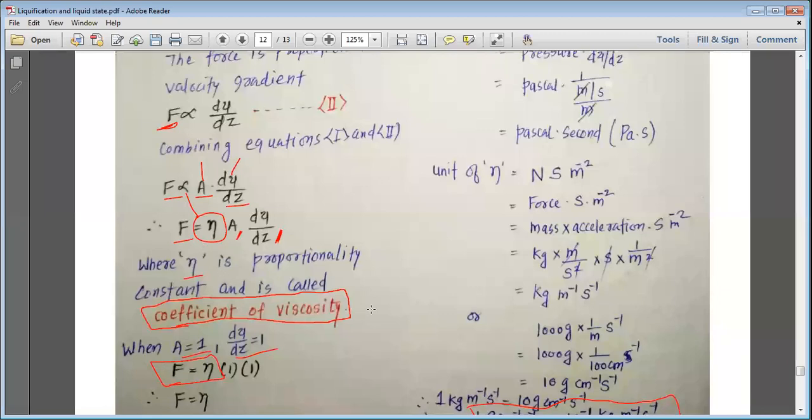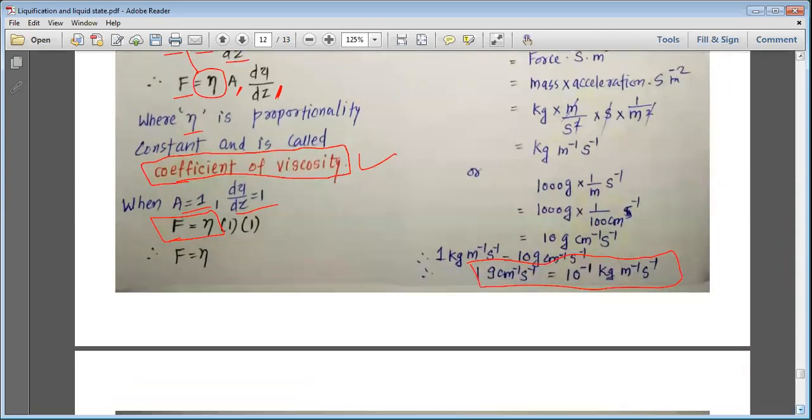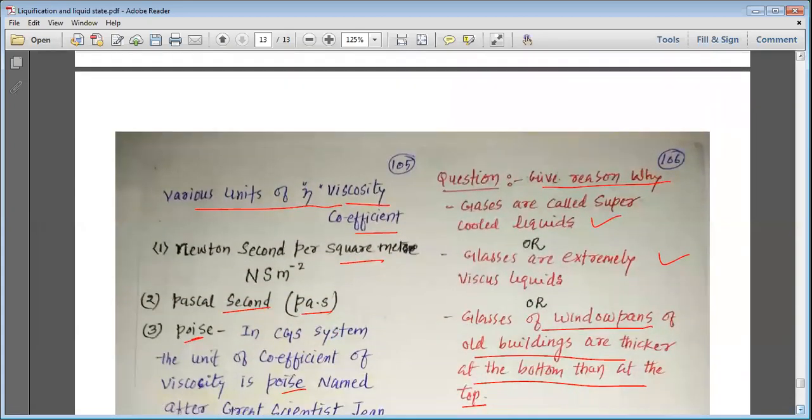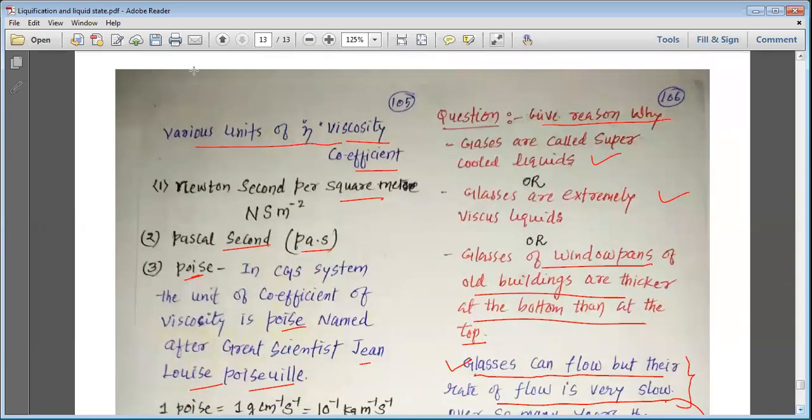This proportionality constant is known as the coefficient of viscosity, and when the values of the area of contact and the velocity gradient are 1, the force is actually the coefficient of viscosity. So this is how we define the coefficient of viscosity: the force that opposes the flow of the liquid when the area is unity and the velocity gradient is unity.